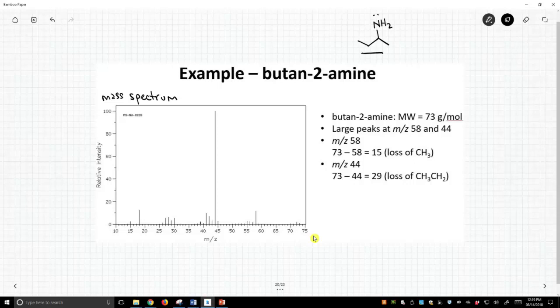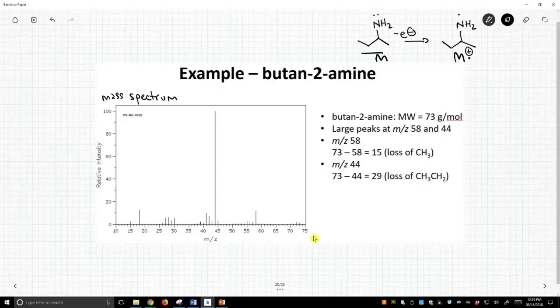Well, the most important thing we typically get is the molecular weight. So what happens? This molecule goes into the mass spectrometer. We're going to lose an electron, and we're going to lose an electron out of that lone pair. So this is our parent ion. It's our parent molecule that has now lost an electron and it's now a radical cation.